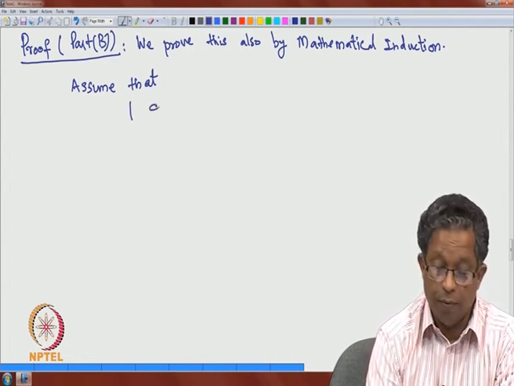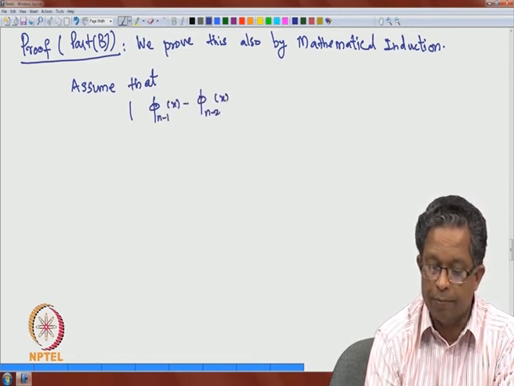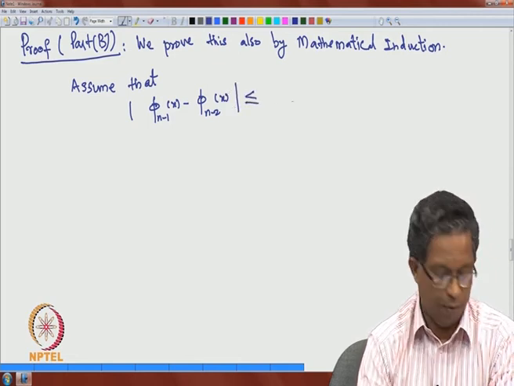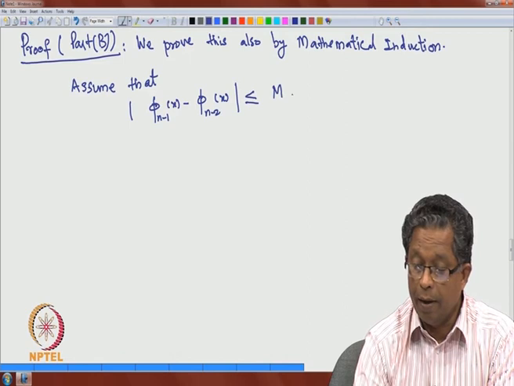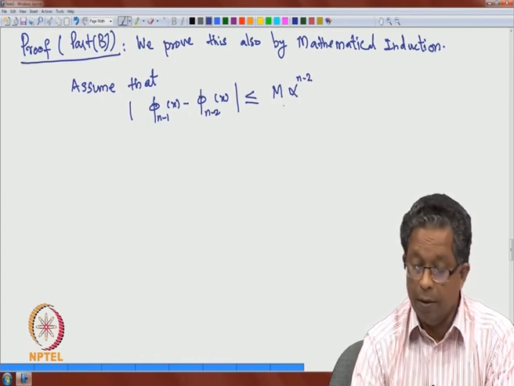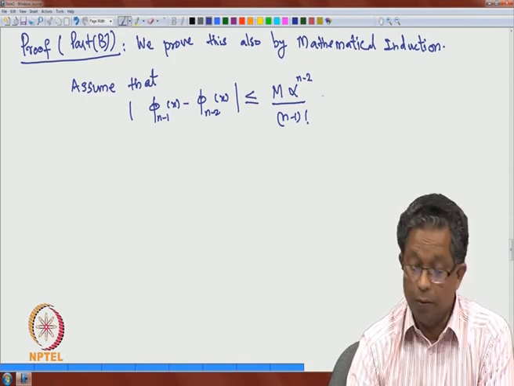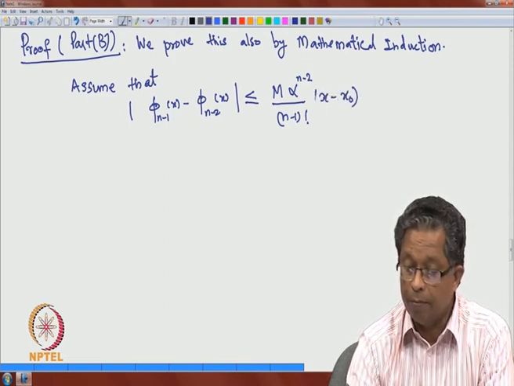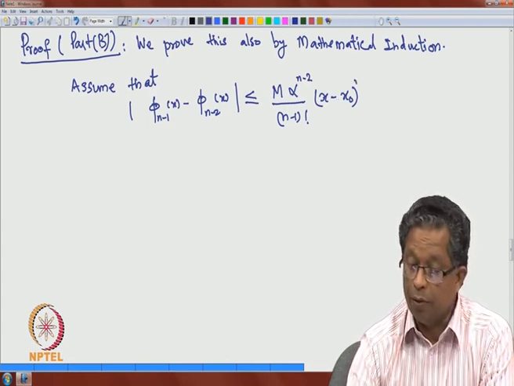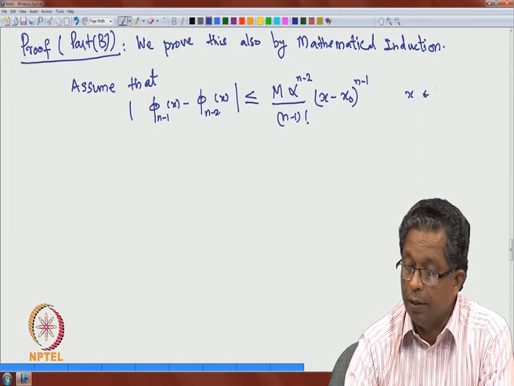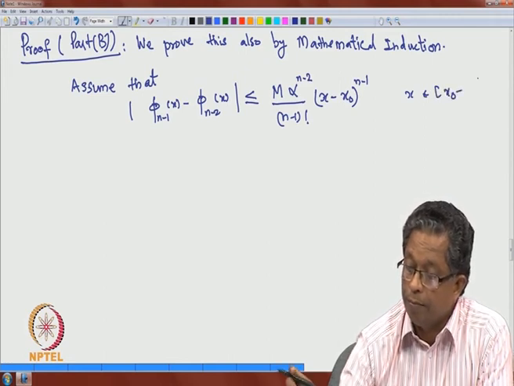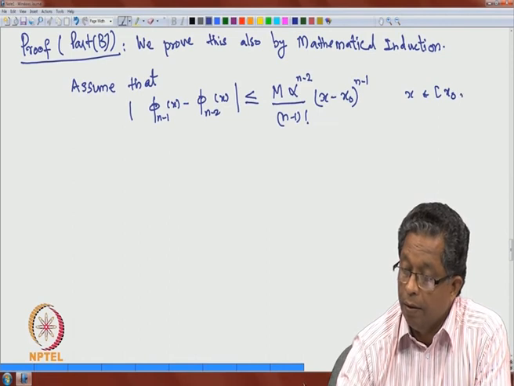That is, the absolute value of phi n minus 1 of x minus phi n minus 2 of x is less than or equal to m alpha to the power n minus 2, divided by n minus 1 factorial, times (x minus x 0) to the power n minus 1, for x in the interval x 0 to x 0 plus h.